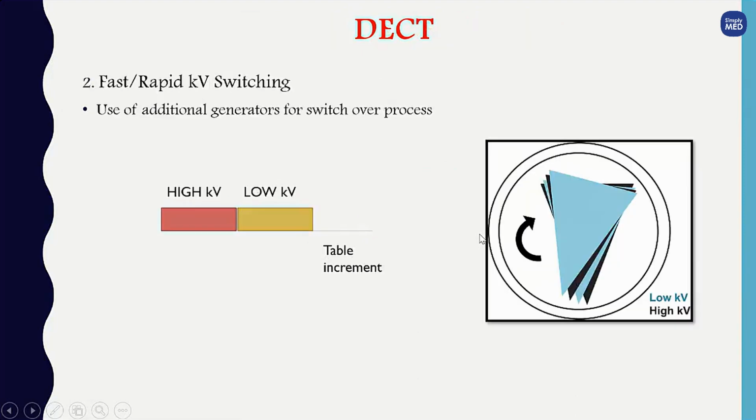Whereas in fast rapid switching, between high kV and low kV there won't be any delay, and the table increments. You can see here blue is low kV and black is high kV, overlapping.